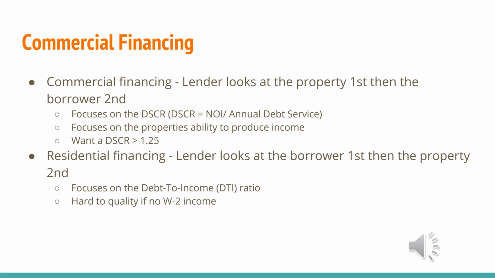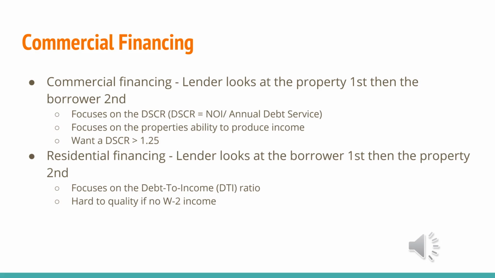And with residential financing, the lender looks at you first as the borrower, then the property second, right? So they're focused on the debt to income ratio, and it's really hard to qualify if you don't have a W-2 income. That's where I started off with residential financing, with my single family homes.